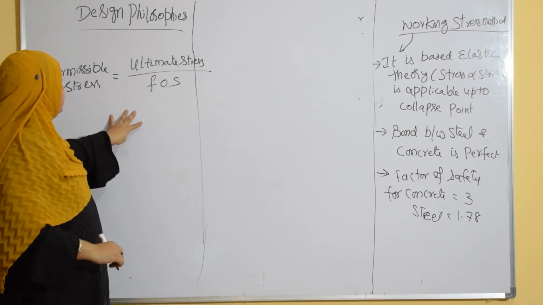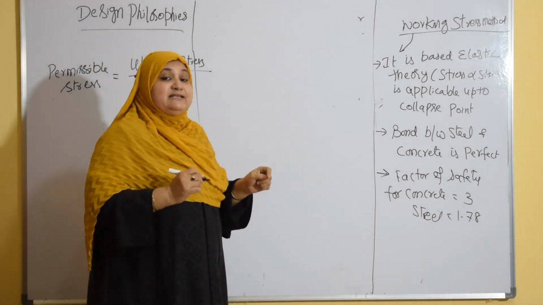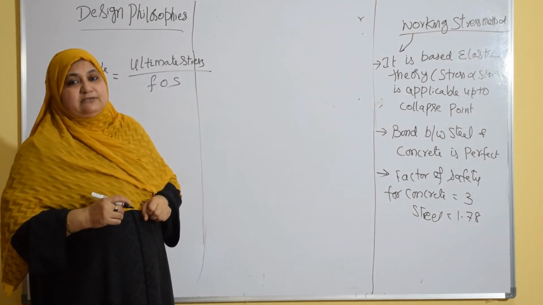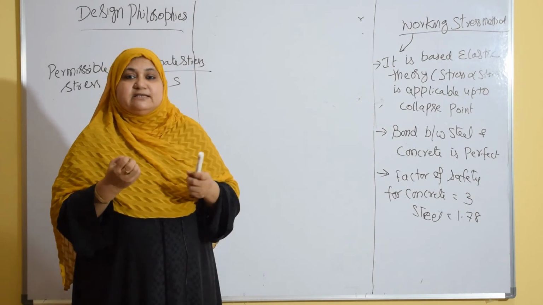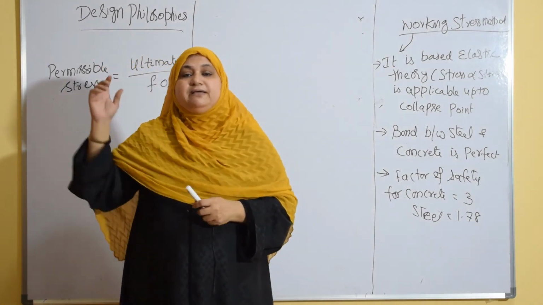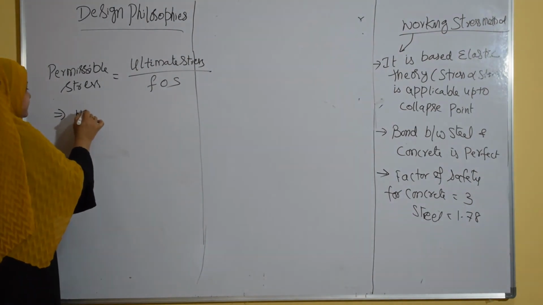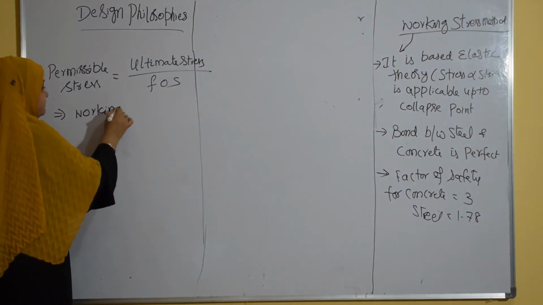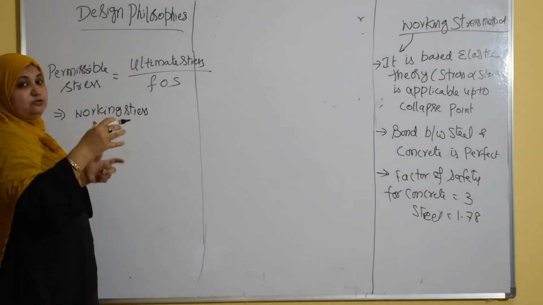Fine. So the working stresses will be less than the permissible stresses. What do you mean by working stresses? When load comes on the member, some stresses will be developed. Those are the stresses induced in the material due to the external loading.